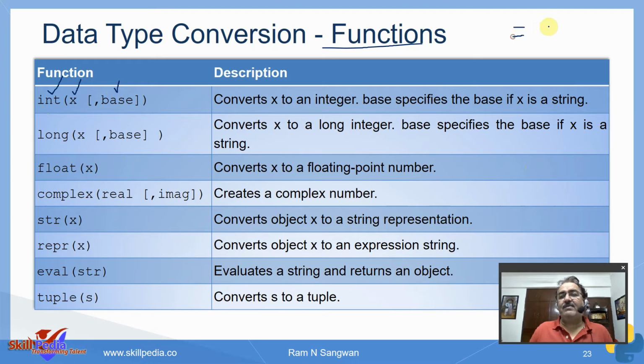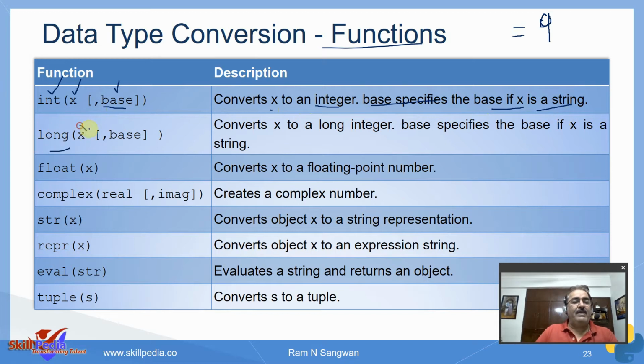Suppose x has the value 9 and you want to convert it with a base, for example, binary has a base of 2, octal has a base of 8, the decimal number has a base of 10, and hexadecimal has a base of 16. So convert x to an integer; base specifies the base if x is a string.